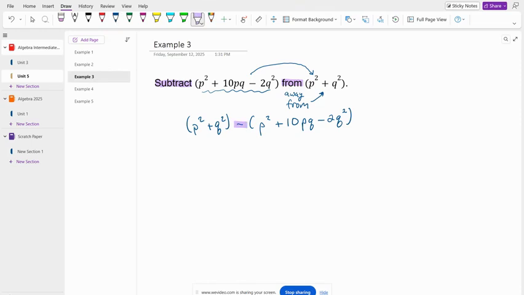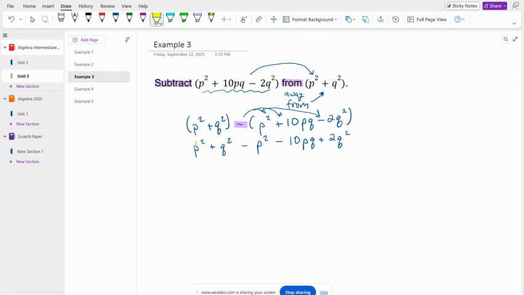To do that, we're going to distribute the minus sign inside. So we'll have p squared plus q squared minus p squared minus 10pq. And then we'll change this sign to plus 2q squared.